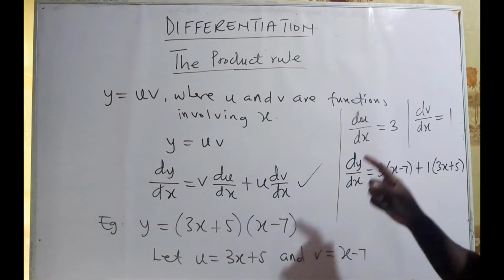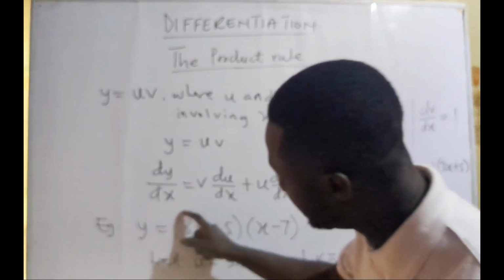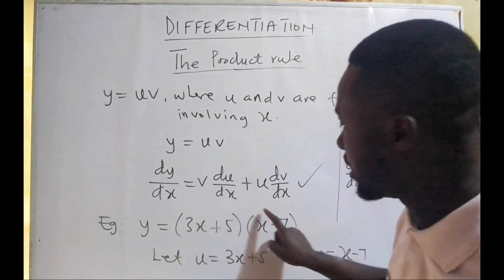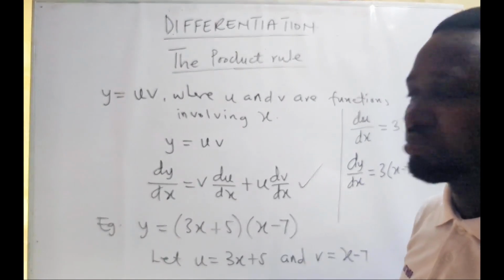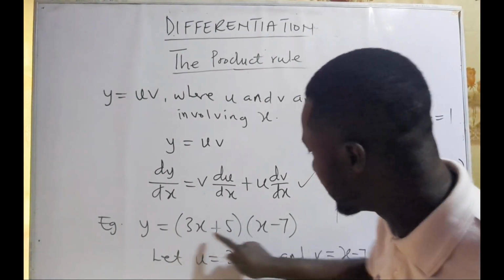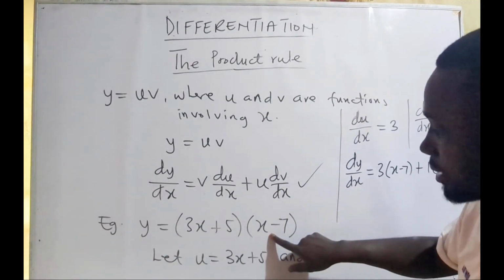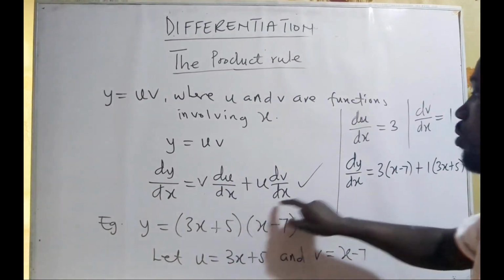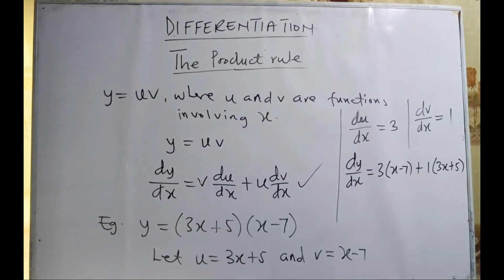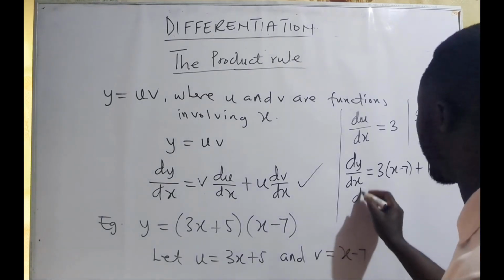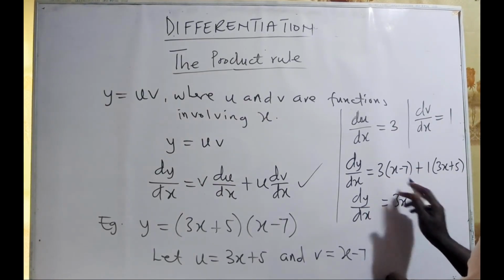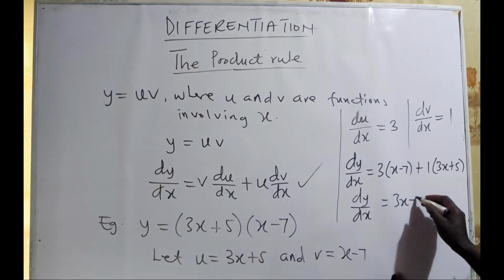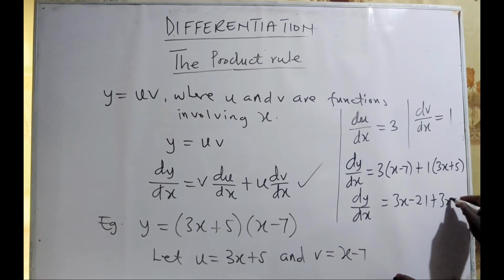What we have to understand is that you differentiate the first function, maintain the other one, plus you differentiate the second function and maintain the first. So dy on dx will be 3 times x, which gives 3x, 3 times minus 7 gives minus 21, plus 1 times 3x, and 1 times 5 is 5.